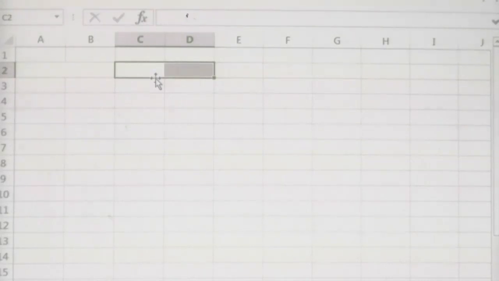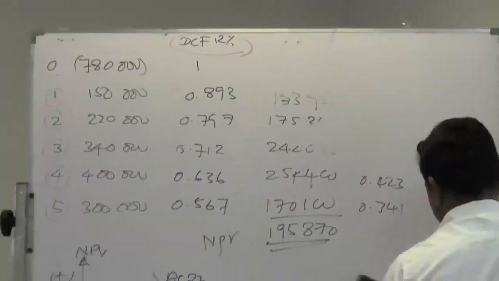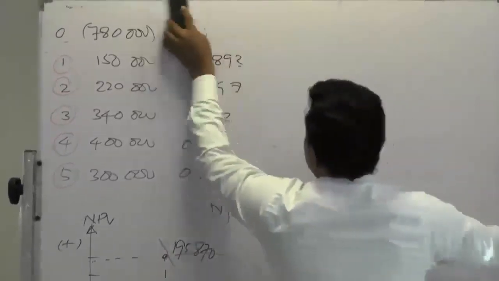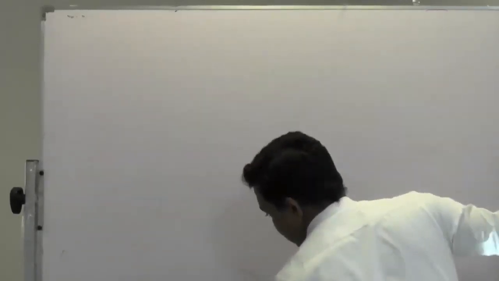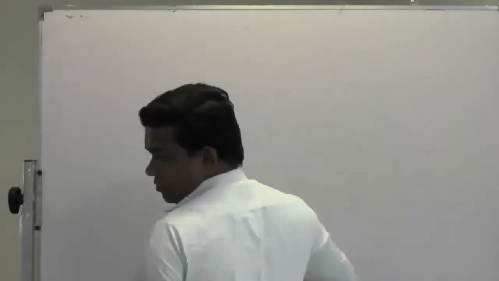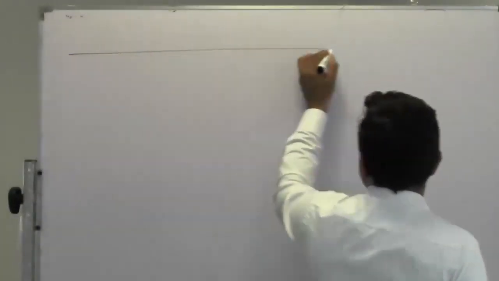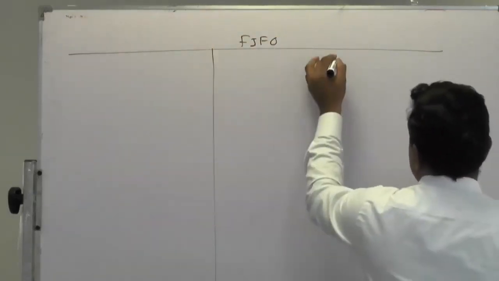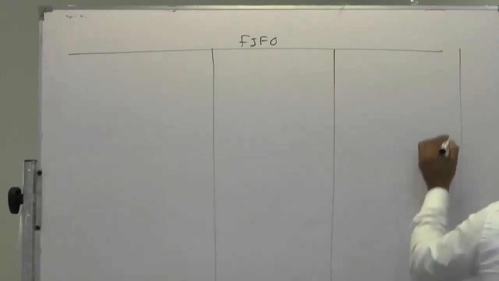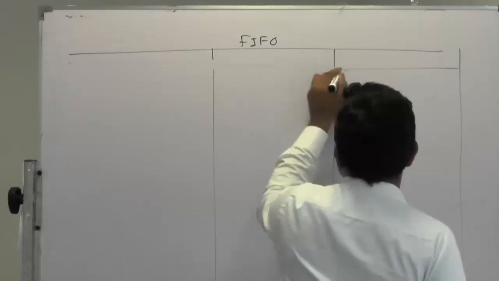Let's prepare it on the whiteboard, then we can easily understand it. You have the question with you, therefore I will use the whiteboard. Now we need to prepare the inventory ledger. We know they are using FIFO. Received, issued, balance. That's how you prepare your inventory ledger.